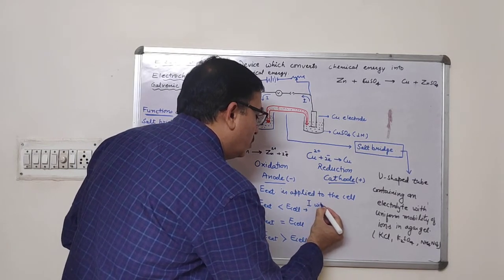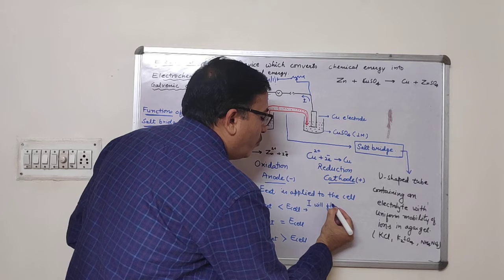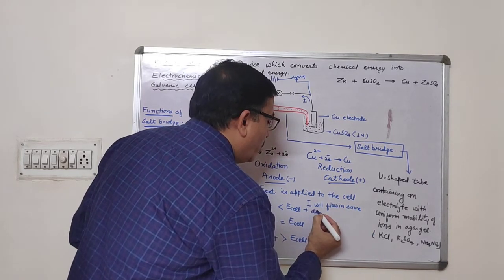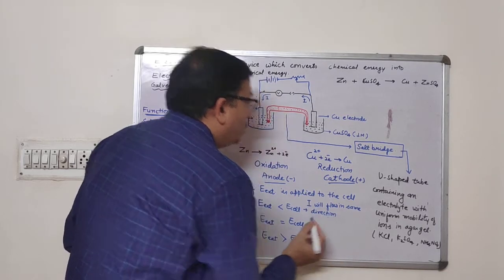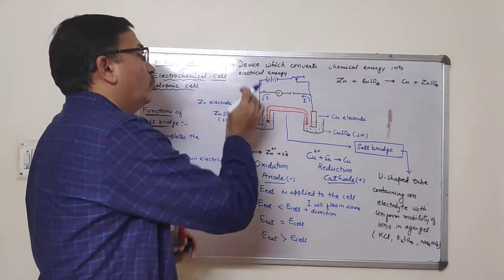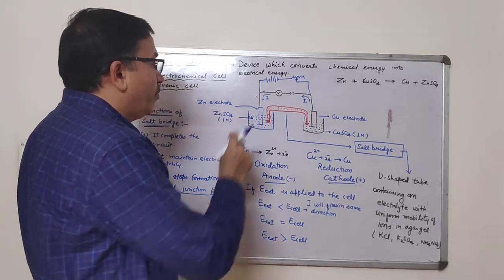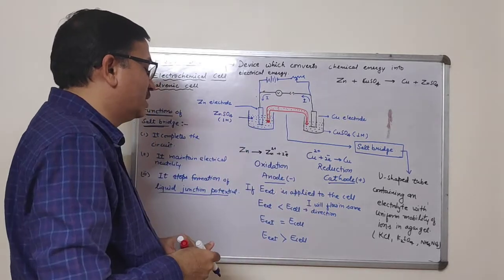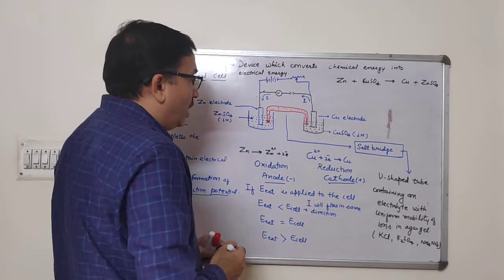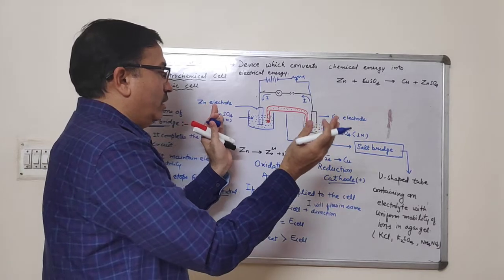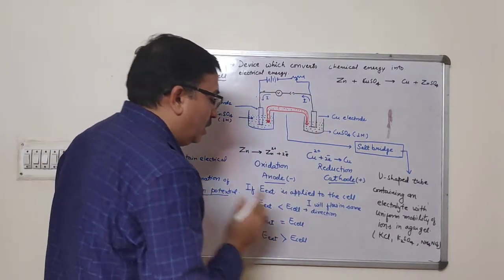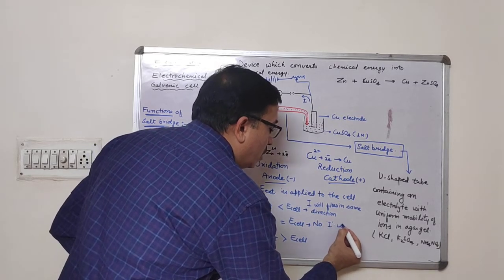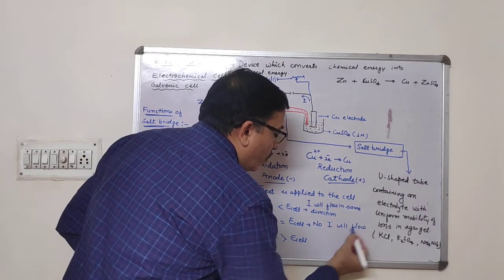Current will flow in the same direction, meaning current flows from cathode to anode, and some of the potential difference will be cancelled out, so the overall potential difference will be less. Then when these two are the same, the effects cancel each other out. In this situation, no current will flow.